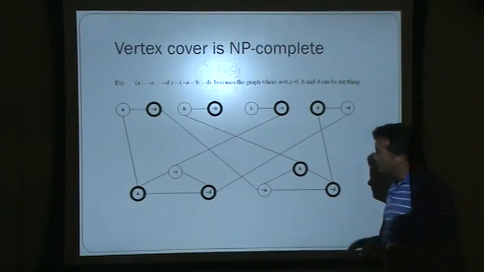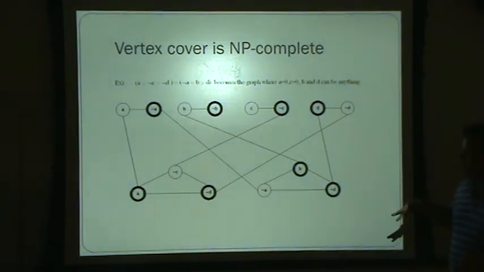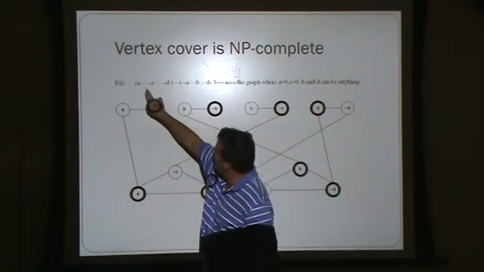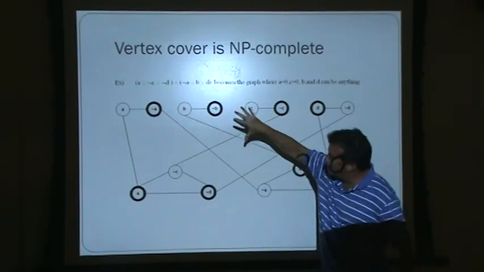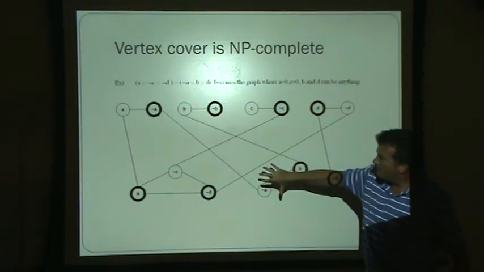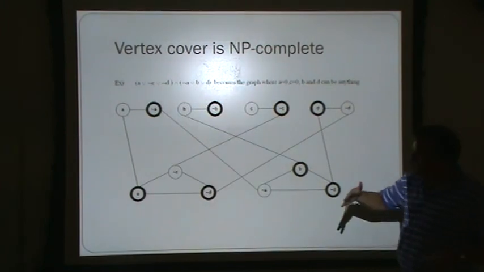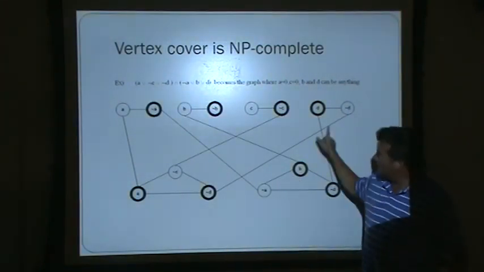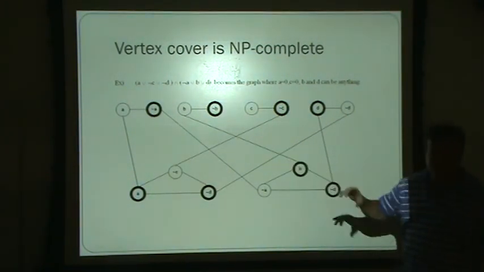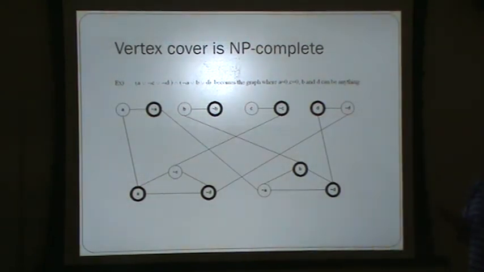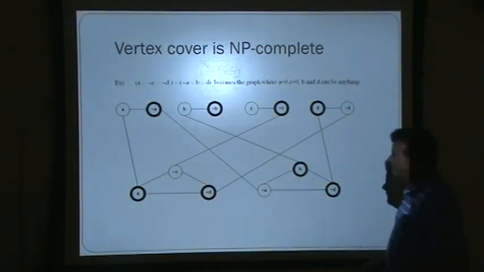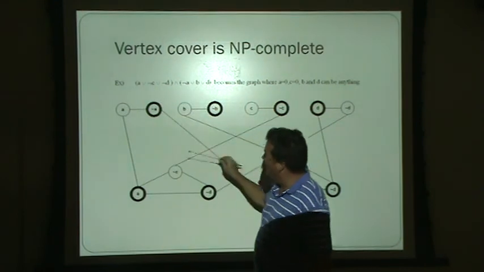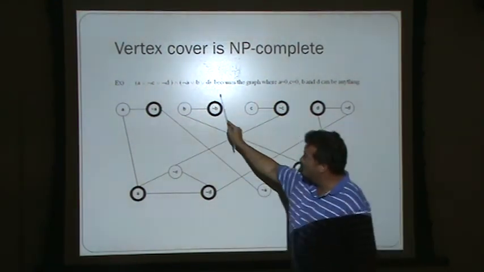So basically what I'm doing is I'm being given a budget. I'm taking this circuit, creating a corresponding graph, and then imposing a budget on myself of 2 per triangle and 1 per literal. And if I can cover the whole graph, then I can satisfy this circuit. And if I can't cover the graph, then I can't satisfy this circuit.